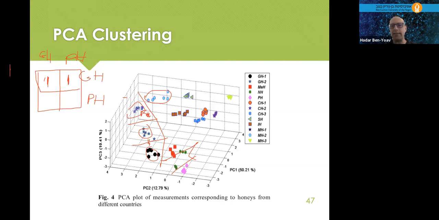Same thing for a sample from Portugal: a good prediction falls here, but if the model says no, it's from Germany, it falls here. That's why we take multiple test samples until we get a confusion matrix.